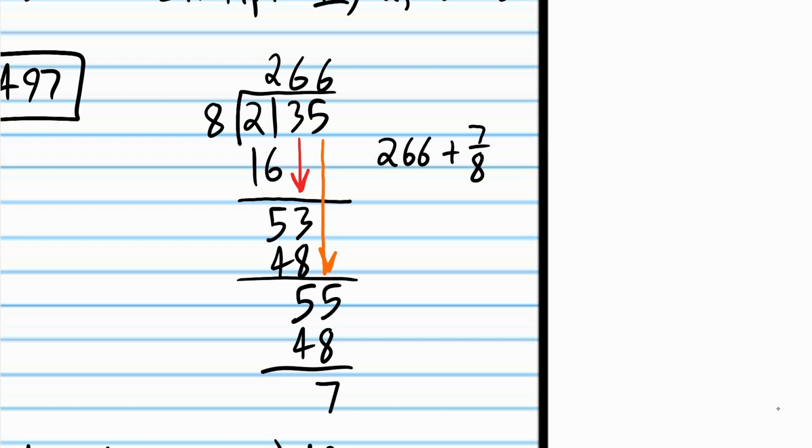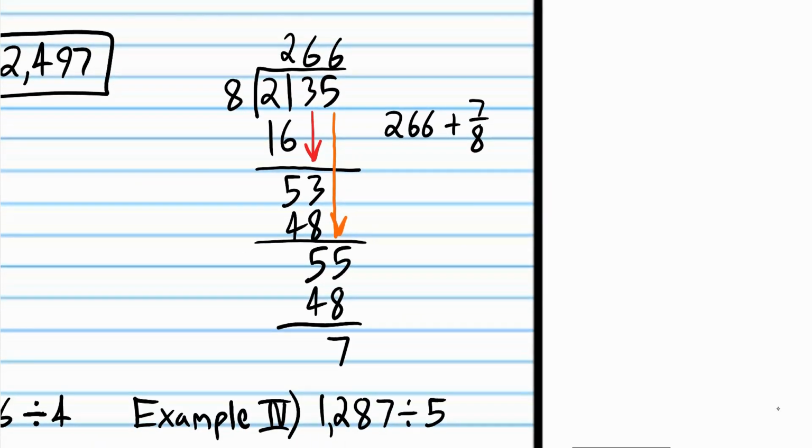So you always take the remainder and write it in the numerator of a fraction that you're adding to the final quotient here, and you take the divisor and write it as the denominator. So that's where I got that number. That's always going to be the case. You always take the divisor and write it there. The remainder came from there, and this number came from here.